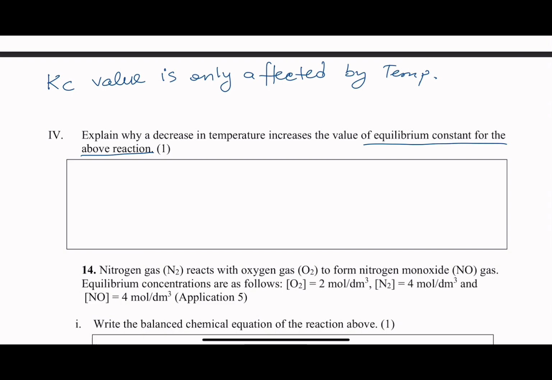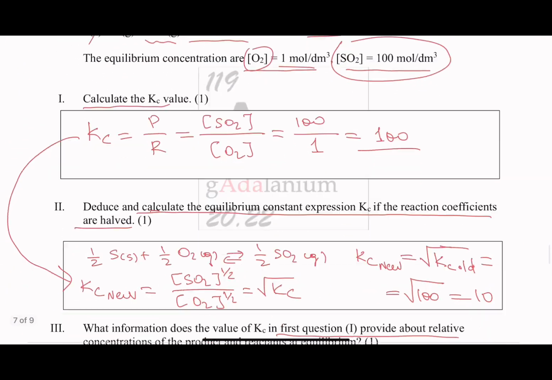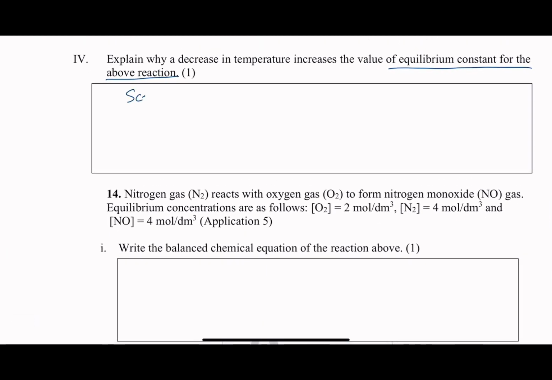So we have this reaction where sulfur is reacting with oxygen gas, and then we got SO2 gas coming out. And because it is exothermic, the heat is coming out as a product.